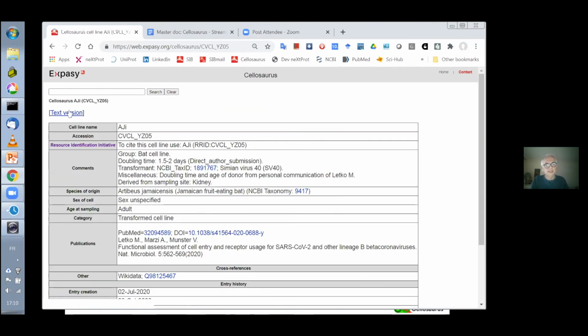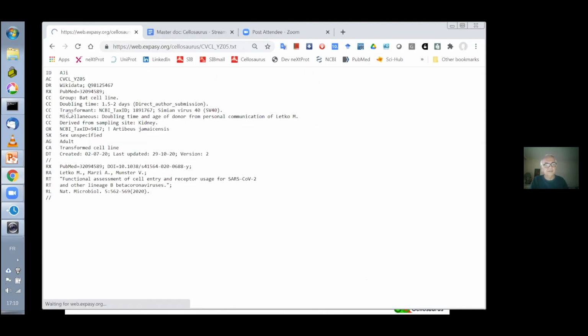You just go to text version and you get the text version of the cell line. You have the record in Cellosaurus and the references which are cited in the entry. And of course, this is with the REST API. So you see here that you can do this programmatically by using .txt for each accession number.